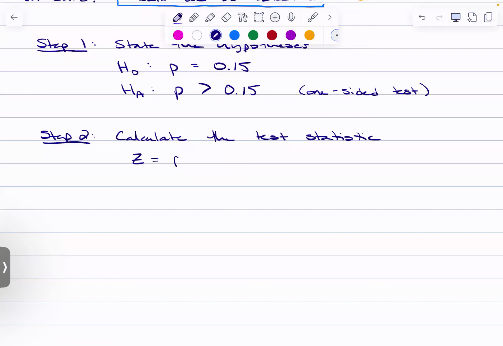Z is P hat minus P naught over the square root of P naught Q naught over N. Any test statistic will have this format: my point estimate, how far is it from my null value, taking into account the spread of my point estimate?